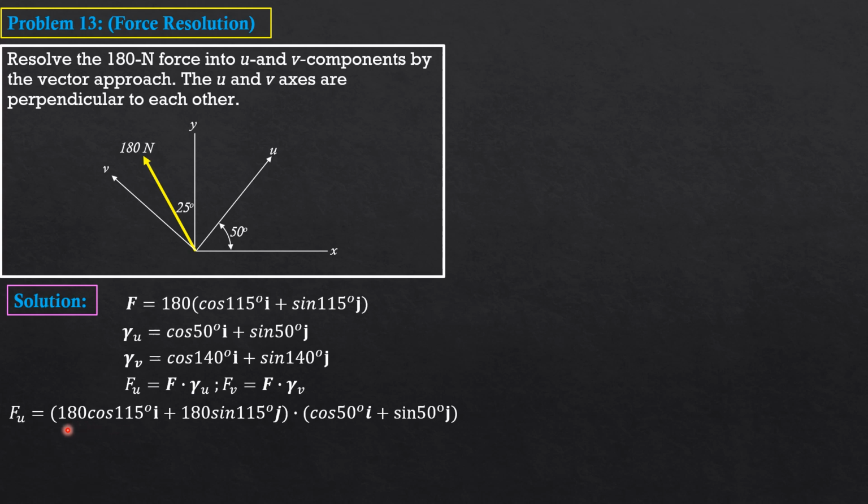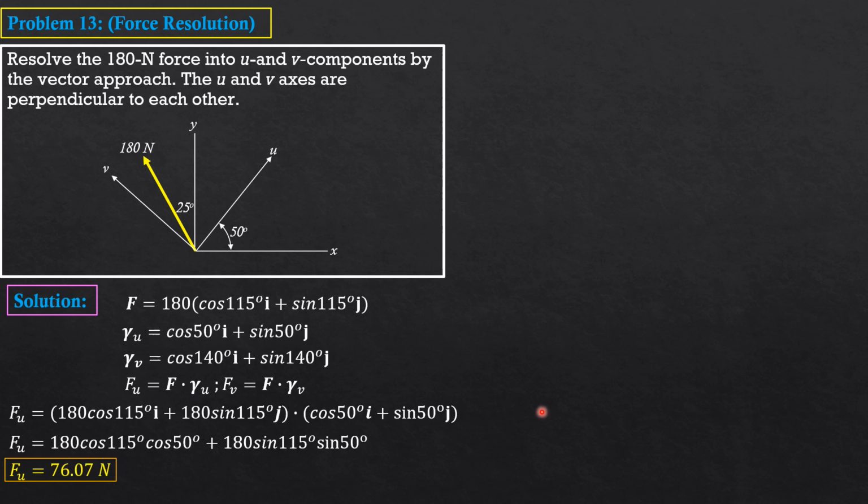So we simply obtain 180 cosine 115 times cosine 50 degrees, plus 180 sine 115 degrees times sine 50 degrees, with I dot I and J dot J both equal to 1, not shown here. Using the calculator, Fu can now be evaluated as 76.07 newtons.